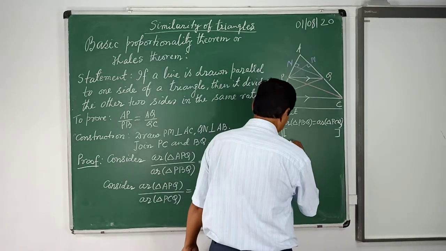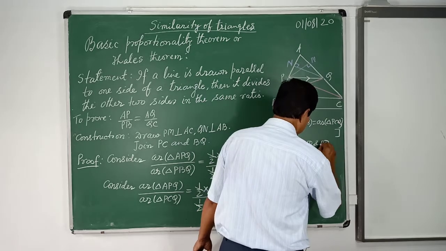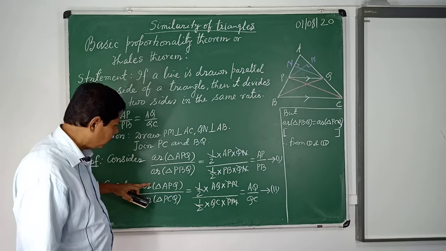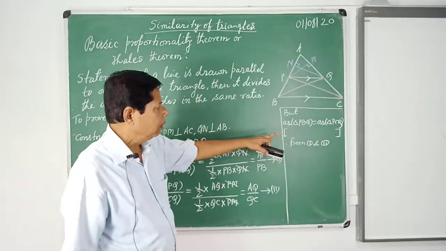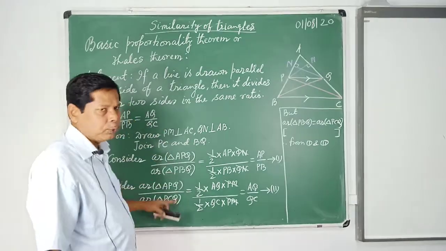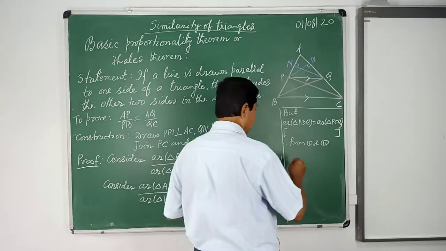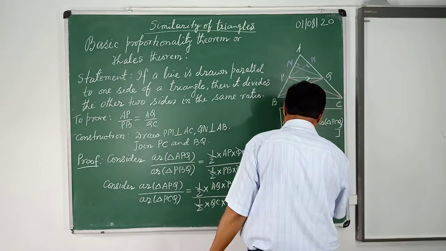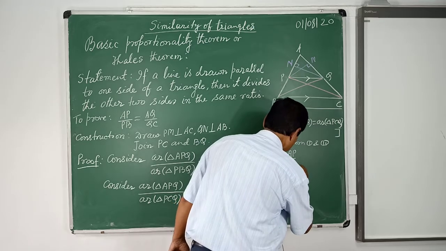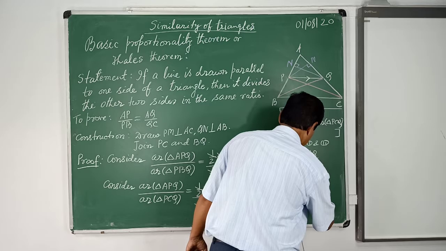So from 1 and 2, we observe that the left hand side, the numerators are equal, denominators are equal from this, and therefore left hand sides of these two equations are equal. So from 1 and 2, right hand sides will be equal. Therefore we can write AP by PB equal to AQ by QC.